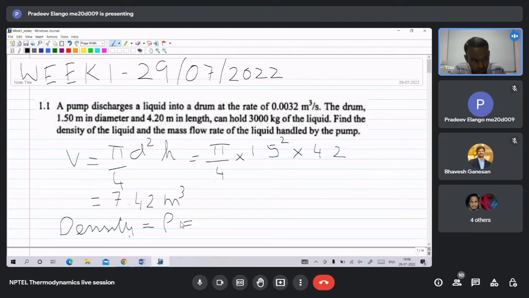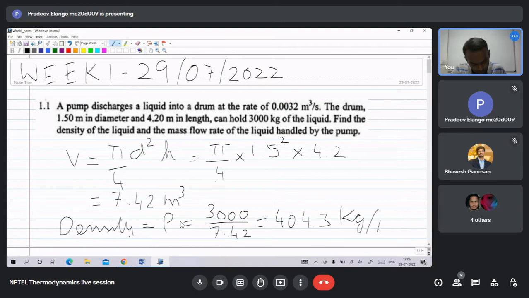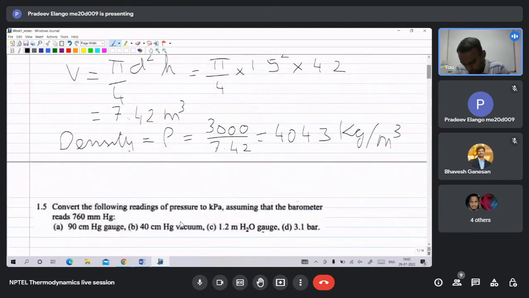So mass here is 3000 divided by 7.42. We have 404.31 kg per meter cube. So we have calculated the density, and next we can calculate the mass flow rate.